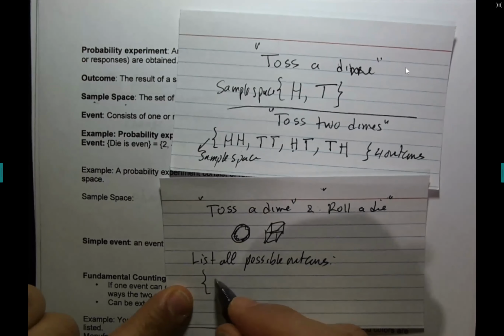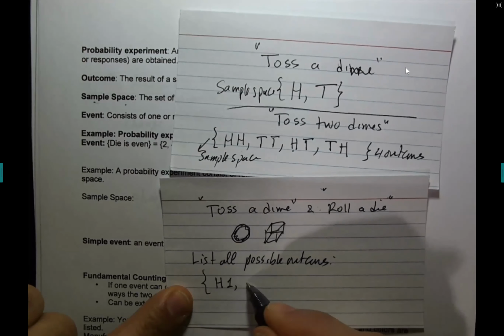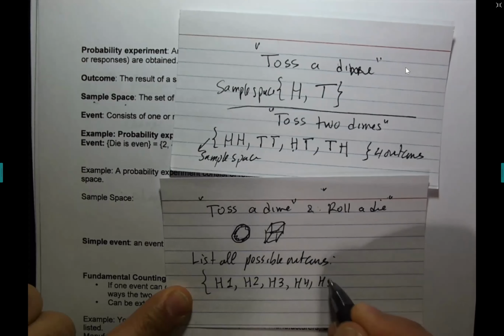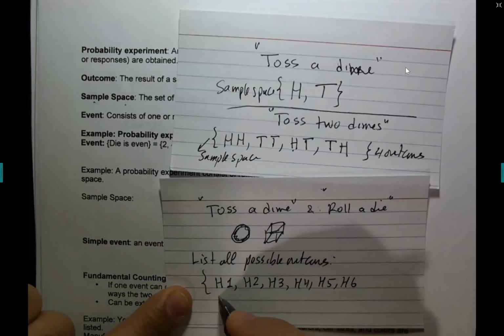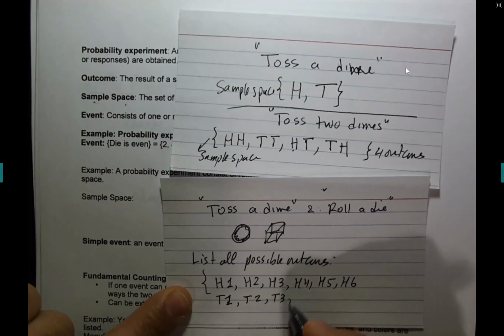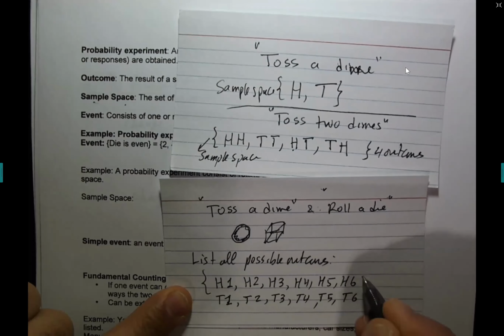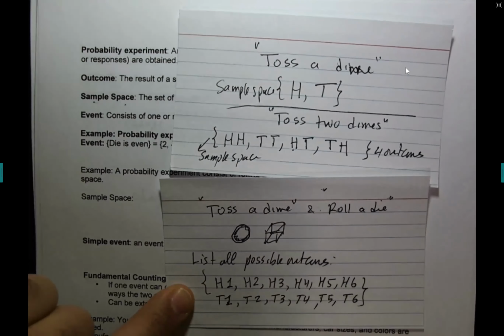Heads 1. Head and 1. Then, Heads 2, yep, through 6. And then tails 1 through 6. Exactly. I couldn't agree more. This is the answer.